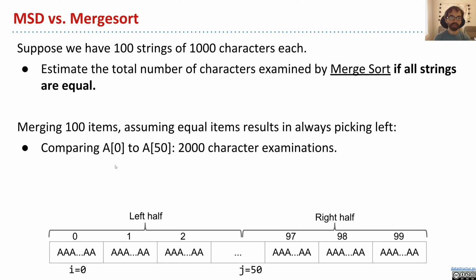So in order to compare A[0] to A[50], when we're doing our merge with the left half and the right half at the top level, we have to compare this string to this string, and each string is length 1,000. So in order to do that, I need to look at 2,000 different characters.